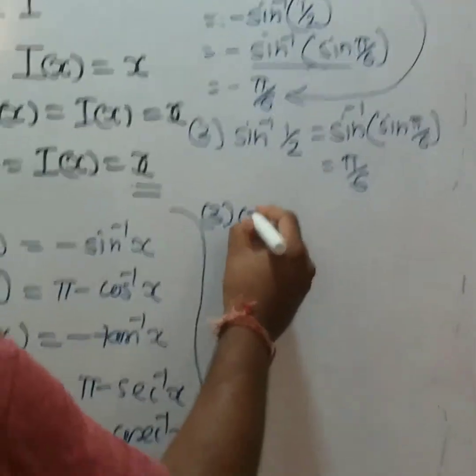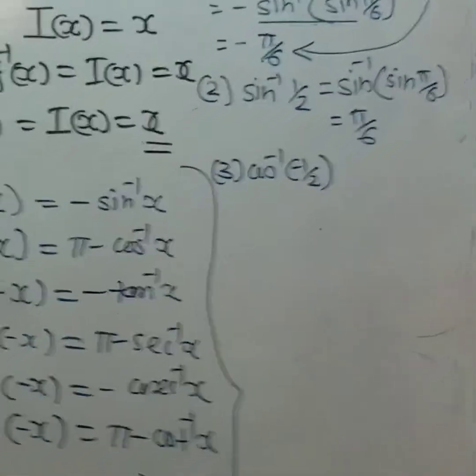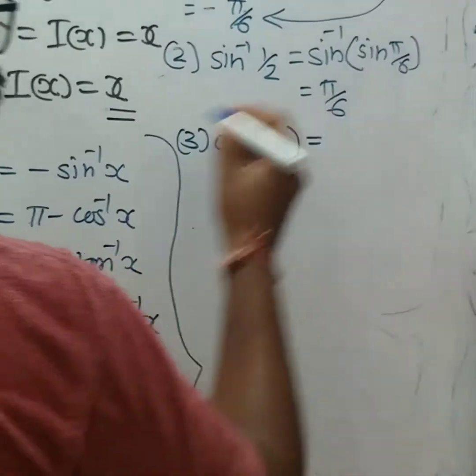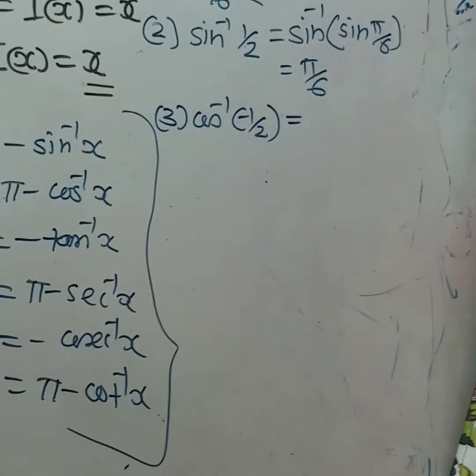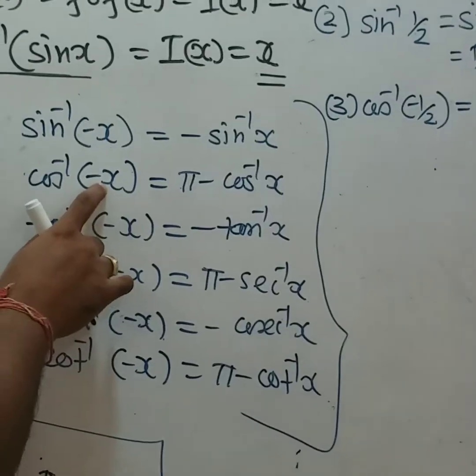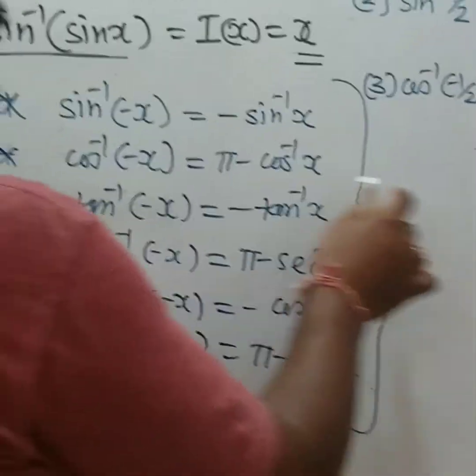The third question is cos inverse of minus 1/2. Here is a negative value. Once again a negative value in cos inverse. Then for cos inverse of a negative value, pi minus cos inverse is there.